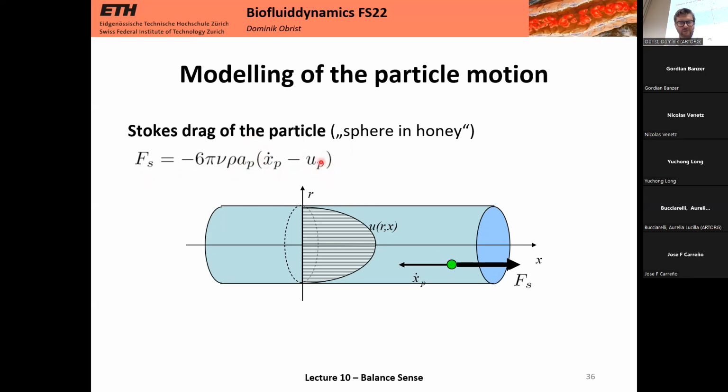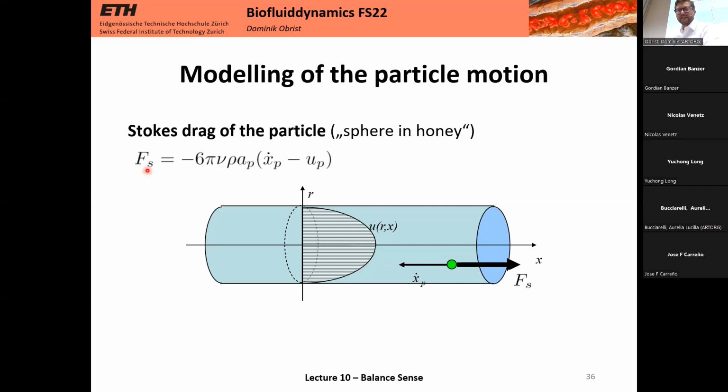What is this? x_p dot is the velocity of the particle, and u_p is the velocity of the fluid at the position where the particle is. If the particle is in the center of the canal, the felt velocity is higher. If it's at the edge, the velocity goes to 0. So this is the relative velocity between particle and fluid, which leads to a Stokes drag force.